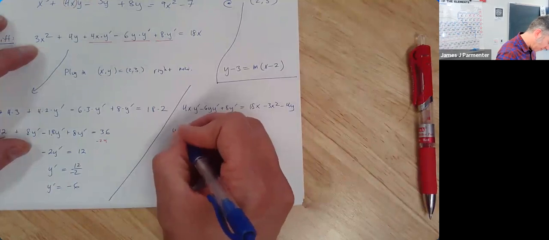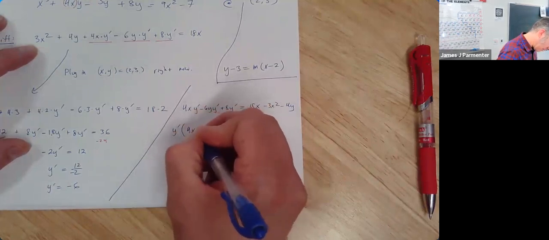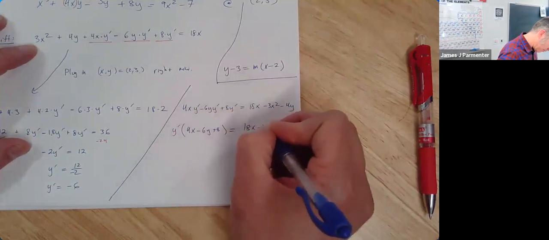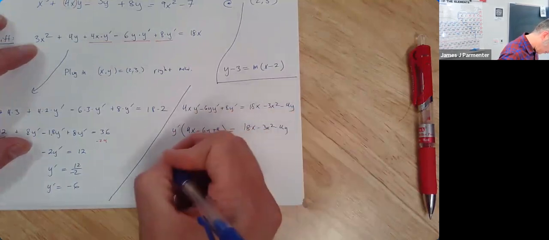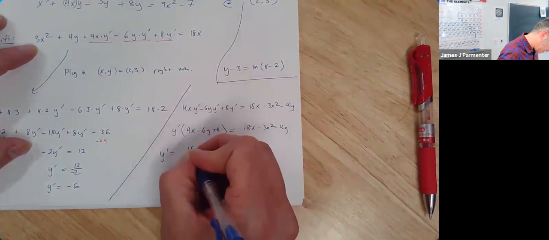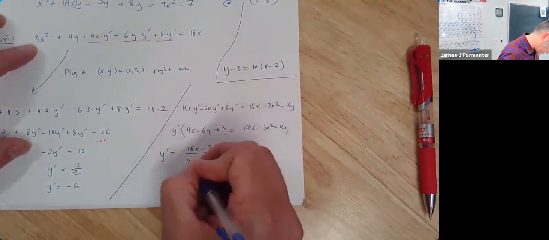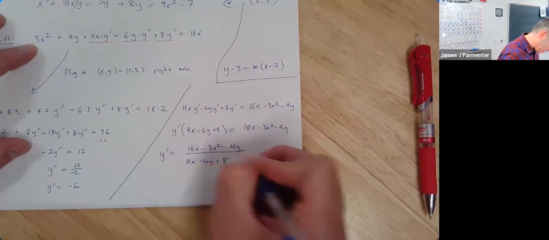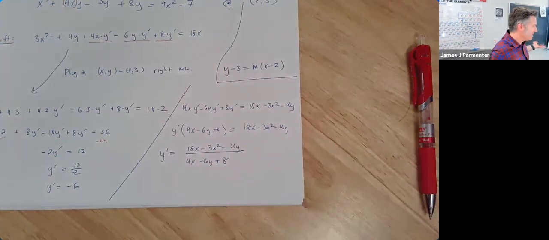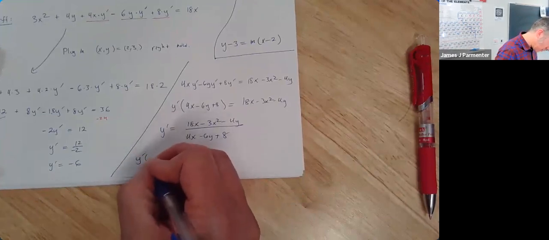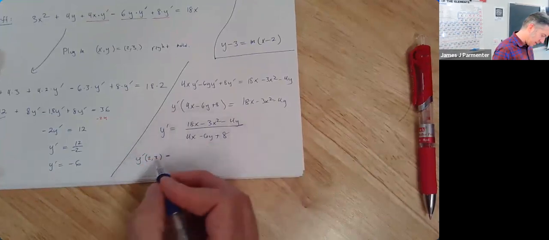Factor out the y prime. I'm left with 4x minus 6y plus 8 equal to all this stuff still. Solve for y prime: 18x minus 3x squared minus 4y over 4x minus 6y plus 8. And now plug in. That doesn't seem like the smarter way to do this, but it'll still work. You plug in 2, 3, just doing this kind of quickly.